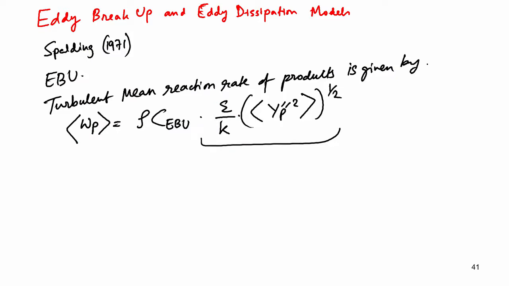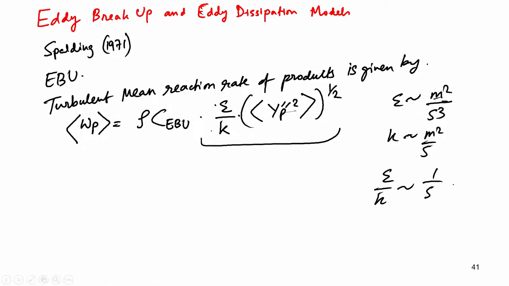So essentially the scalar dissipation rate has a unit of 1 per second, and here this does not have any unit. So when it is epsilon by k, this essentially gives you a time scale, because epsilon has units of meter square per second cube, and k has a unit of meter square per second. So epsilon by k itself has a unit of 1 per second. Okay. So this gives you a time scale itself.